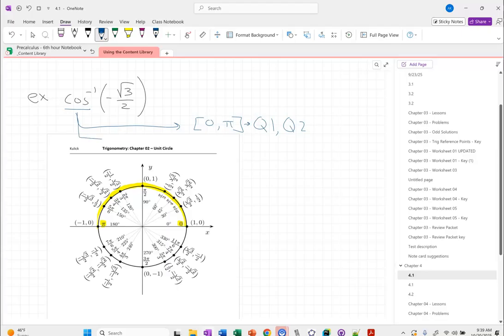So, on the unit circle, cosine is, how do I find cosine in the unit circle? The x coordinate. Yeah.